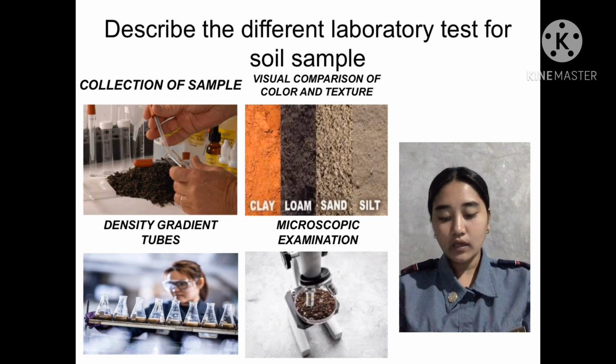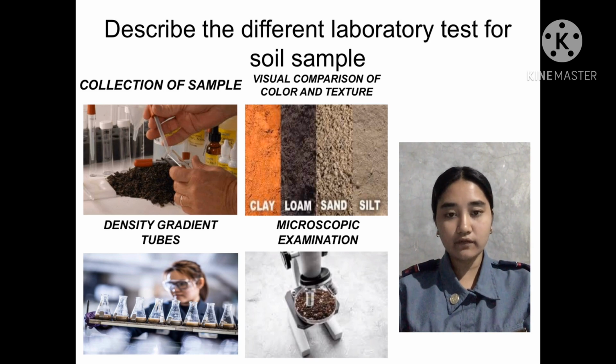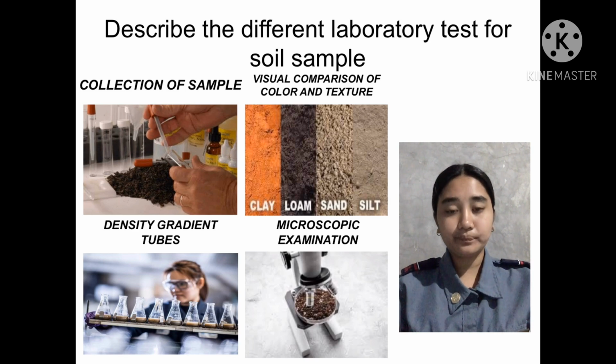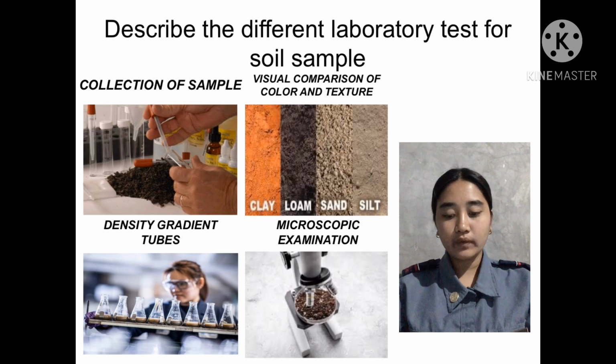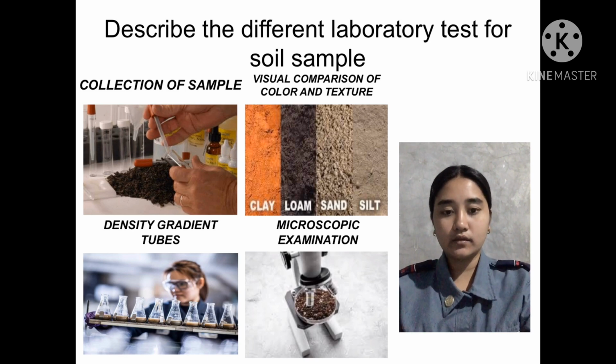Ito naman yung these tubes are typically filled with layers of liquids that have different density values. Ito naman yung malalaman mo rin kung gaano kataas dahil nga density or ano yung sukat, parang ganon, ng value ng layer of liquids and soils.